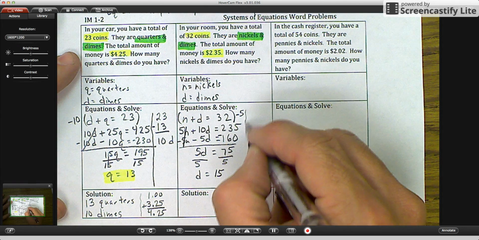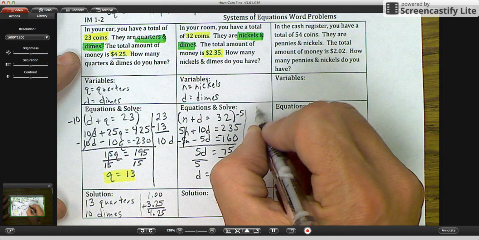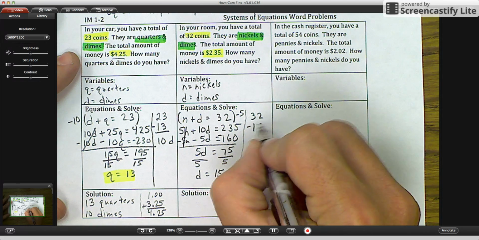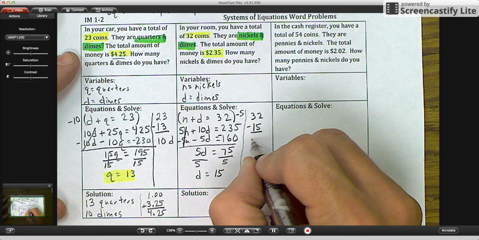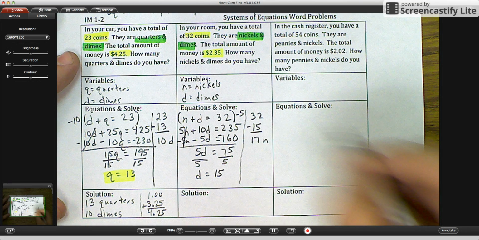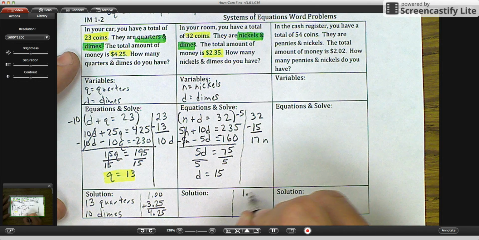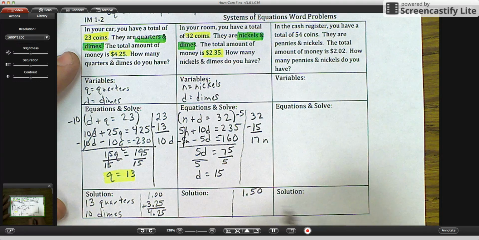So, based on that, if we had a total of 32 coins and we subtract our 15 dimes, we would get 17 nickels. And if I want to check my answer down here, 15 dimes is $1.50. 17 nickels is 85 cents.